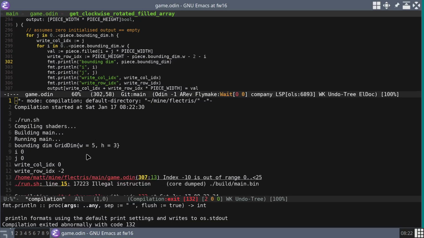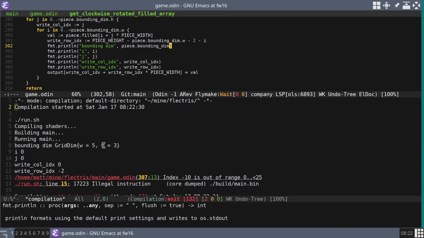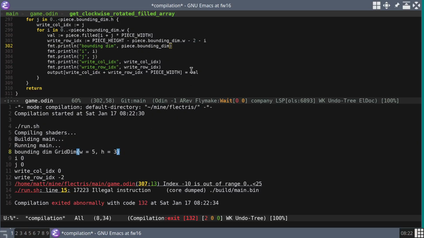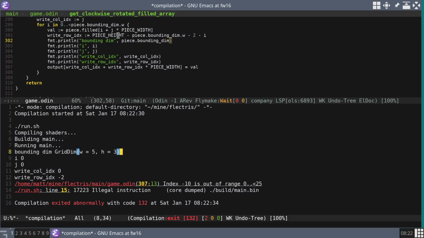Do a rotation. Width is 5, height is 3. Ah. It sounds like we might be doing the wrong one of these, right? Because that would put it out by 2. East height is a constant 5. Bounding dim width is 5.